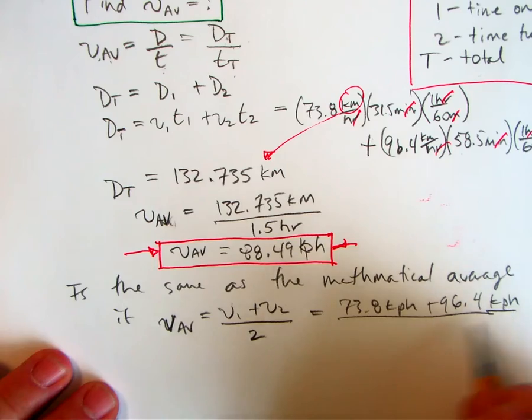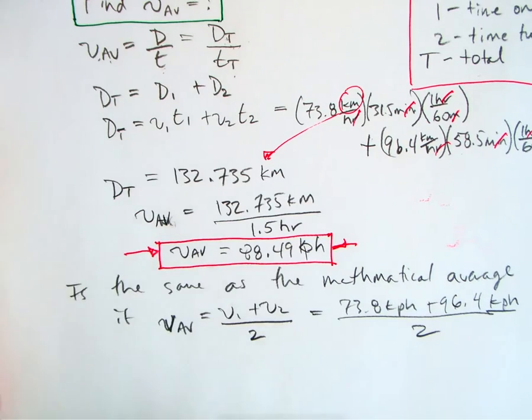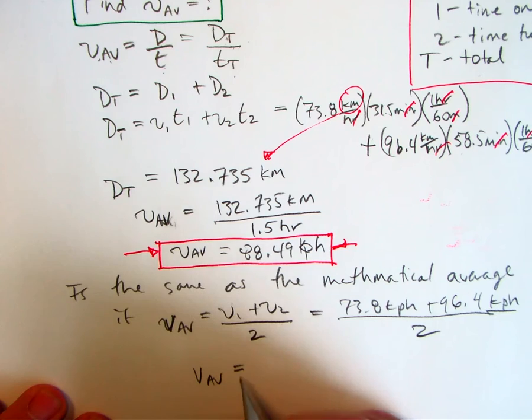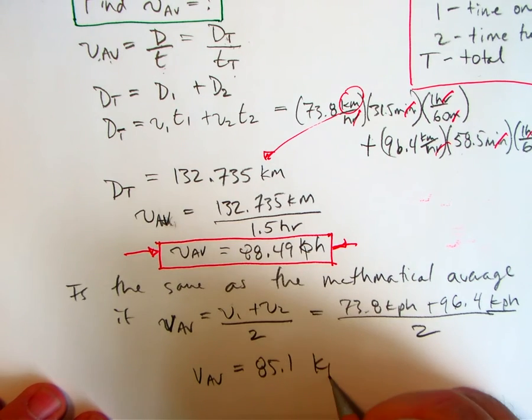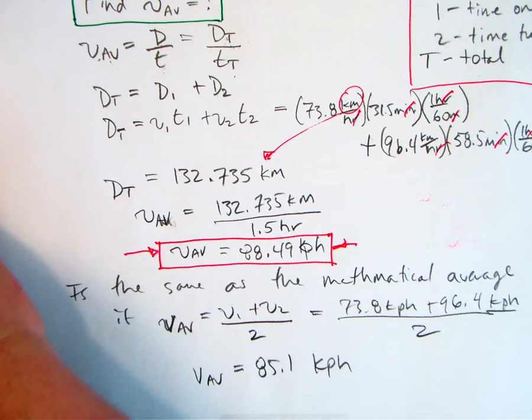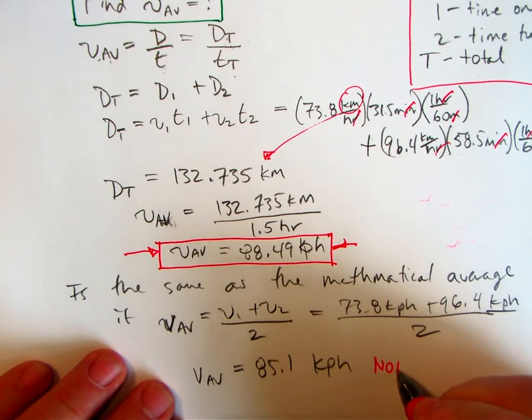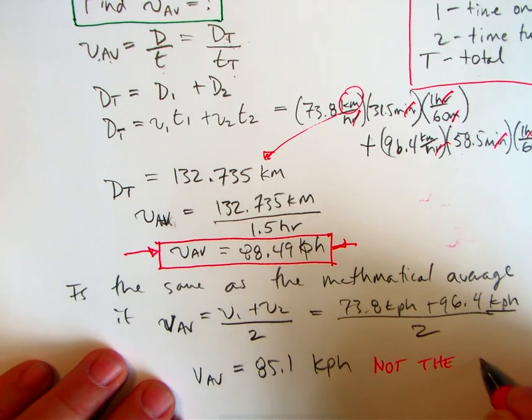Divide that by 2, or whack it right in half, right, Chelsea? Okay, and we get a v average of 85.1 kilometers per hour. Well, that's not the same answer.